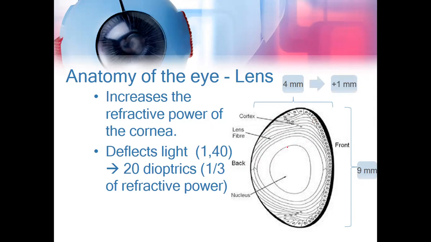When an object is closer to you, this structure gets thicker, plus 1 millimeter. When the object is far from you, for example 1 block away, it would have just 4 millimeters. So it depends on how close you are to the object you are looking at.